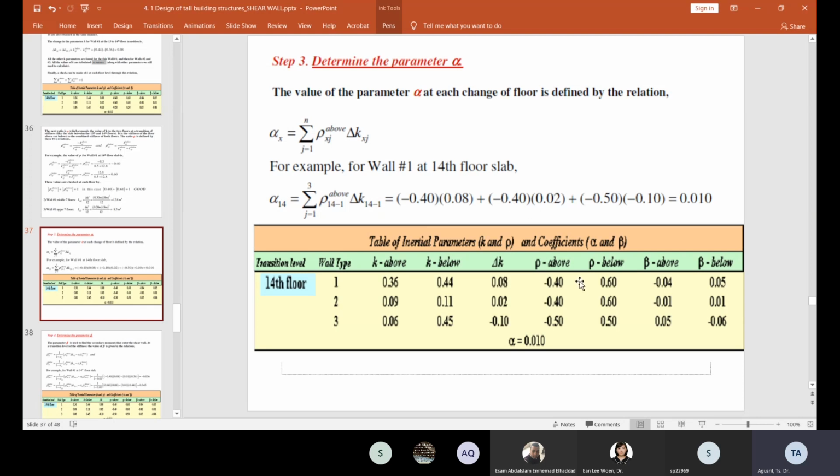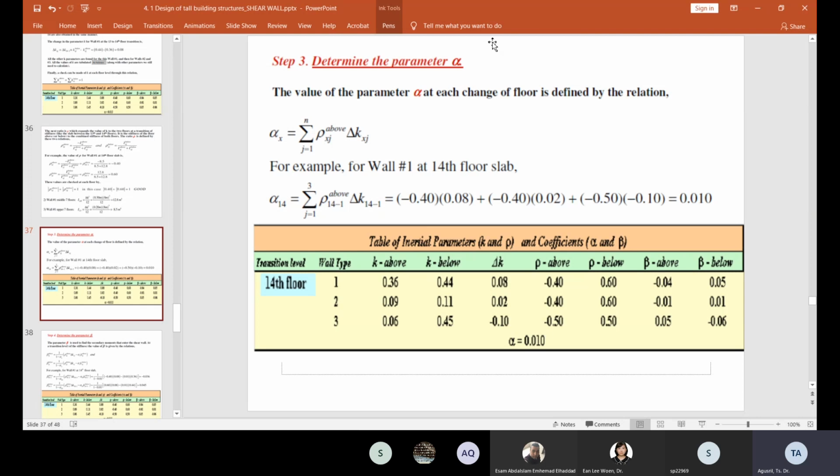and then okay, so this is for wall 1 and then plus for wall 2, 0.4 multiply the delta K for wall 2 is 0.02, and then plus for wall 3 is 0.5 multiplied by negative 0.1.